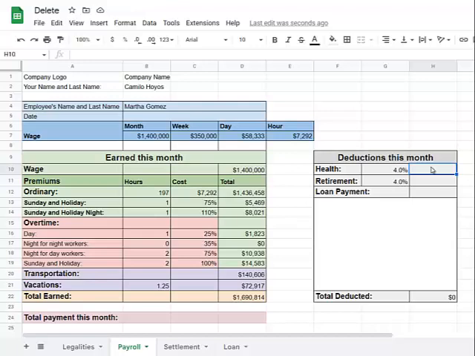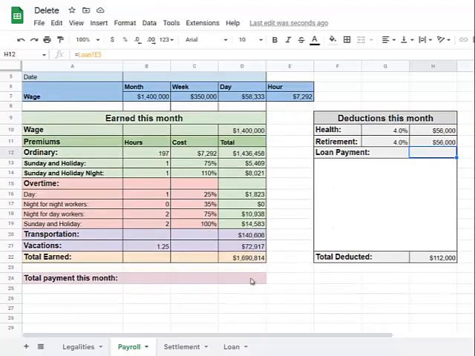So it is as simple as saying equals, this one here, that percentage, times wage, which is this one, enter, right? And also this one, the same thing, equals this percentage times the wage, this one, enter. Okay, should be the same value because they're both 4%.